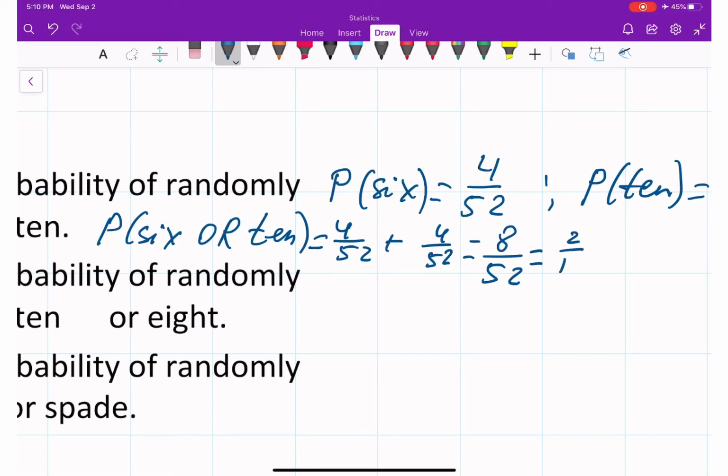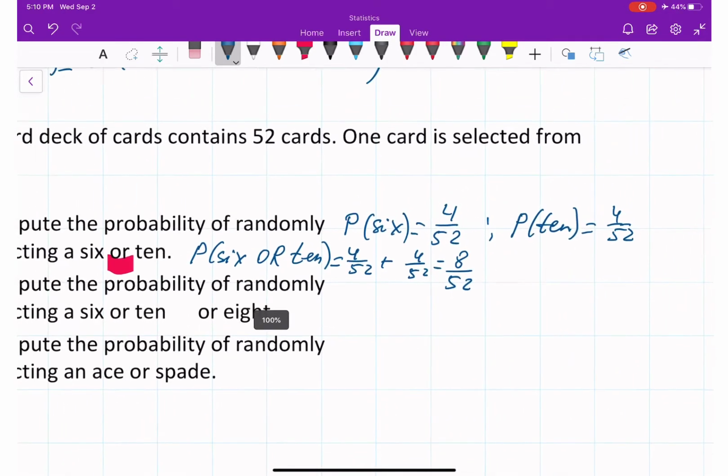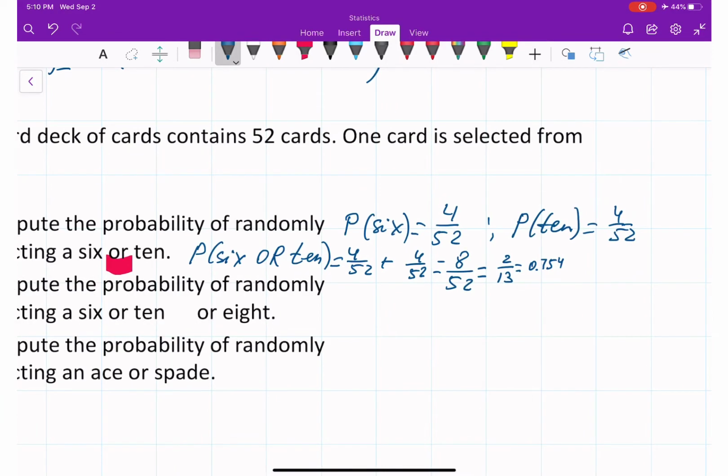You reduce by 4. And 2 over 13, since probability has to be in decimal notation, will be 0.154. So there is about a 15.4% chance if you randomly pick a card from the deck that it's going to be either 6 or 10.